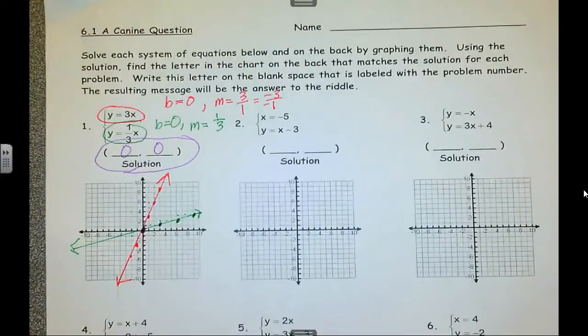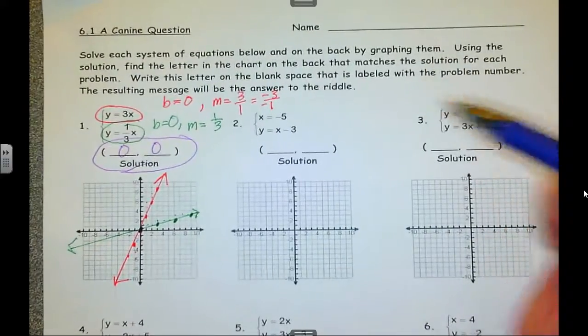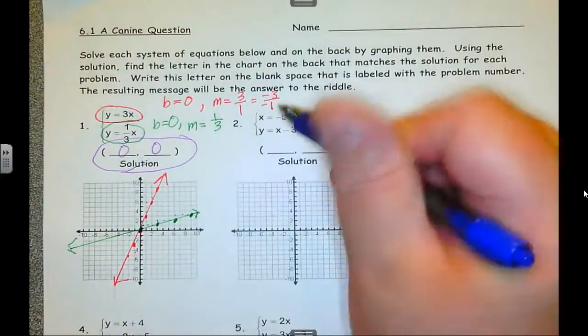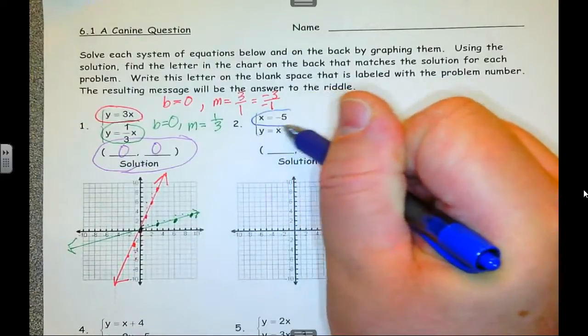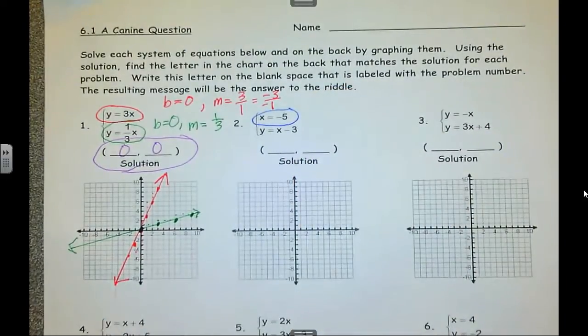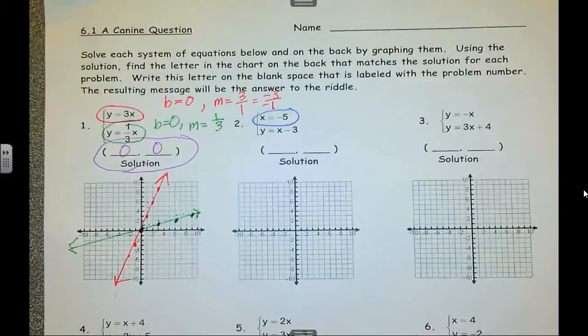How about number 2? Let's graph this line. It's one of those horizontal, vertical things, right? Do I remember which one it is? Horizontal or vertical?